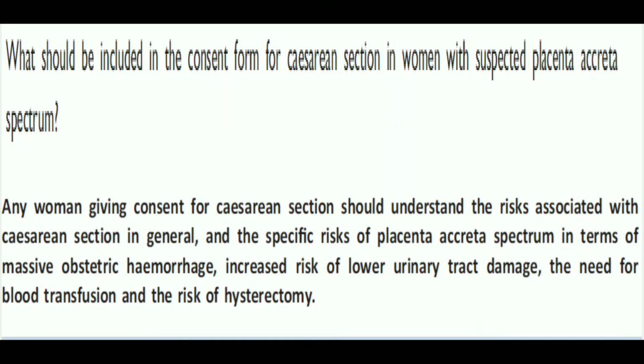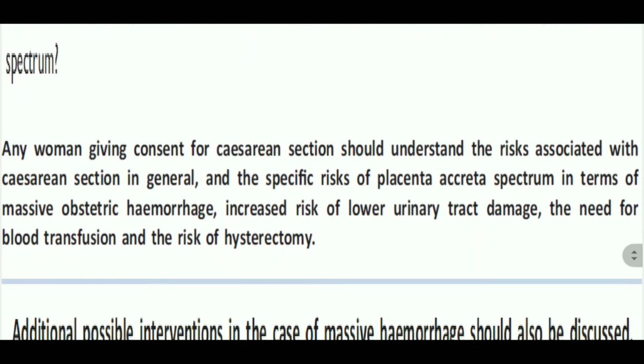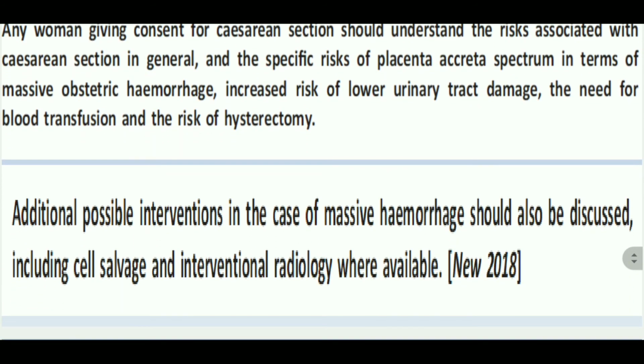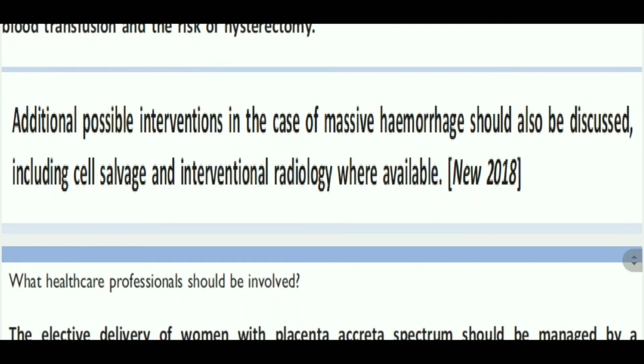I would discuss briefly that these women should have clear discussion regarding the risks, like the risk of massive obstetric hemorrhage, risk of urinary tract damage, the risk of blood transfusion, the risk of hysterectomy. And we have to tell her about the possible need of intervention in case of the massive hemorrhage, including cell salvage and interventional radiology.